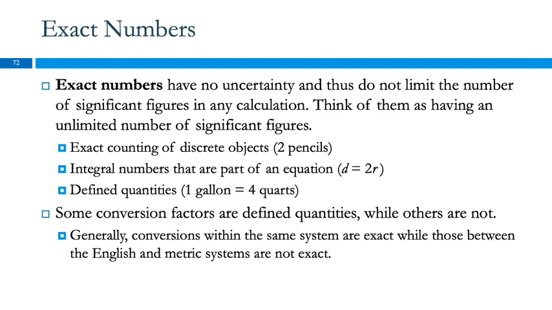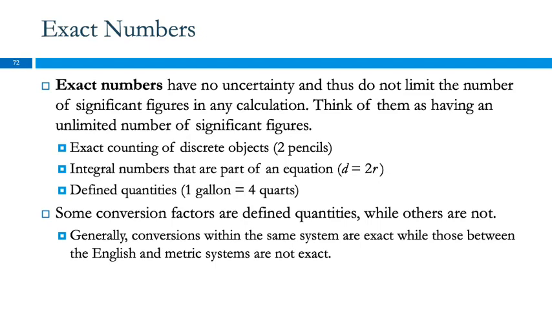Other things are integral numbers, meaning integers, whole numbers, that are part of an equation. So the diameter of a circle is equal to 2 times the radius. That's an integer in the equation. It's defined that way. So that number is an exact number.